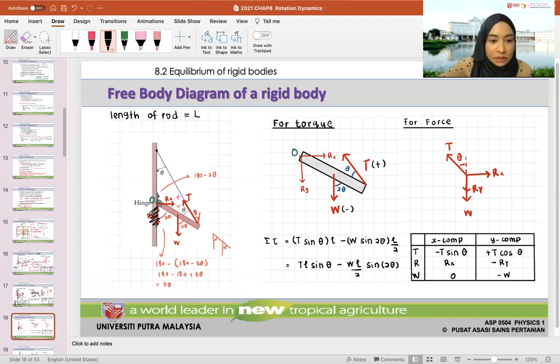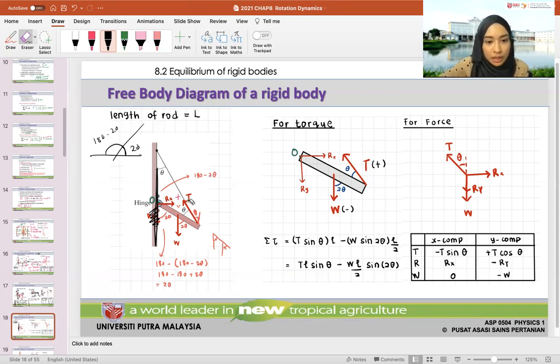Okay, so this is like a straight line, right? And you know that a straight line like this has 180 degrees. So if one part is 20, we want to know what the other part is. So we have to do 180 minus 20. So this is what they're trying to do here. This is 20 degrees. Therefore, this part over here is 180 minus 20.